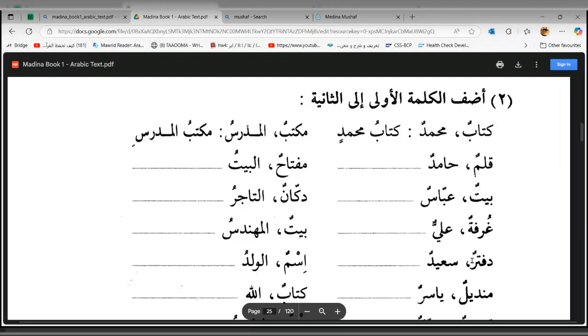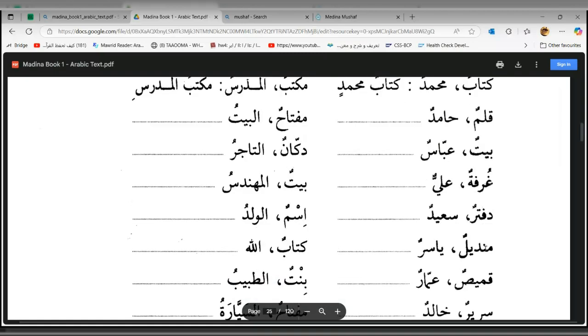So next one, Daftarun and Sa'idun. دفتر سيد. Daftaru Sa'idin. Next one, Mandilu Yasirin. In some places they call it Mandil, but Mindilu Yasirin. Yasir's handkerchief.